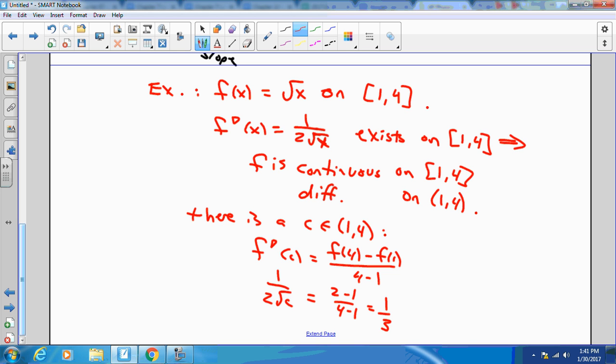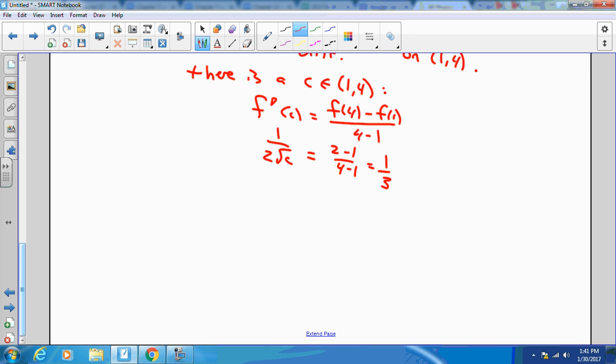Whatever c value is, that's the c we're looking for. Yep. So I have this equation now. I can clear the fractions by multiplying both sides by 6 root c. And I get 3 equals 2 root c, or c is the square of 3/2.